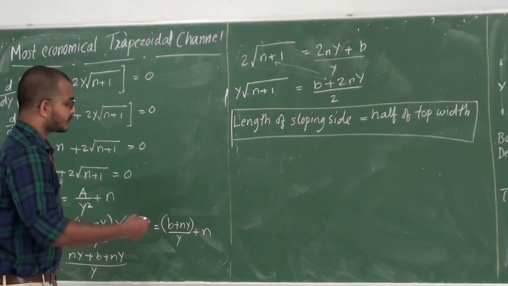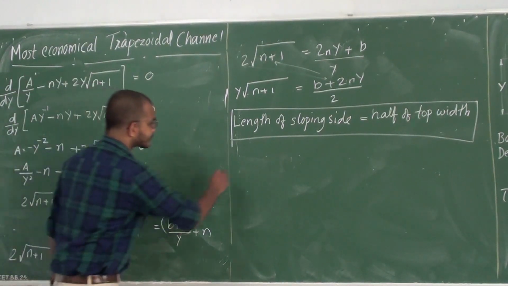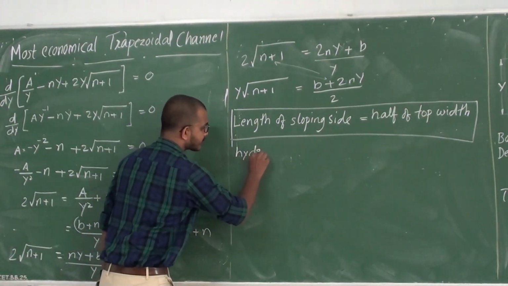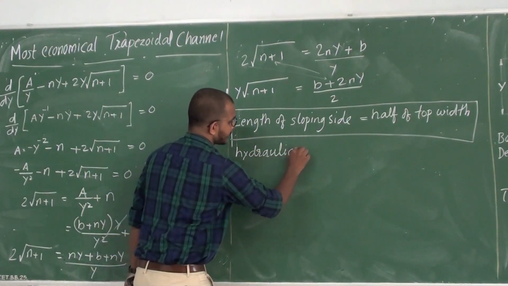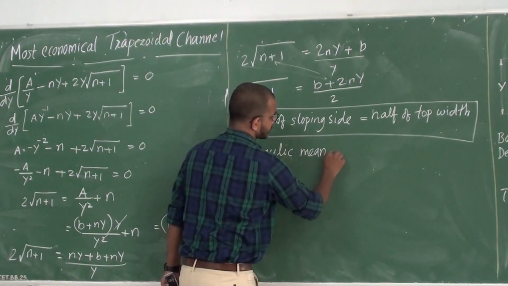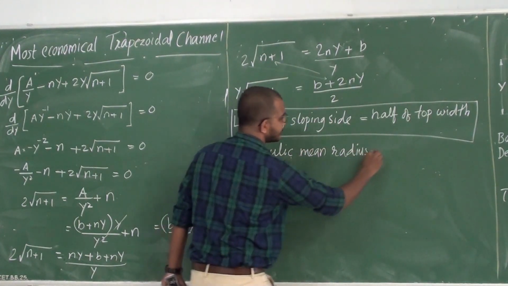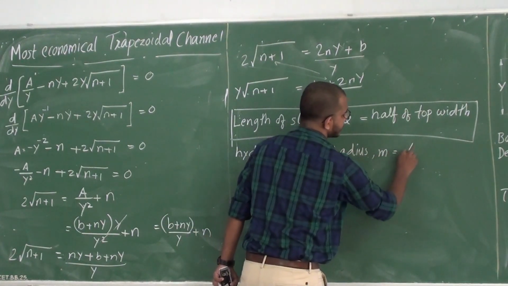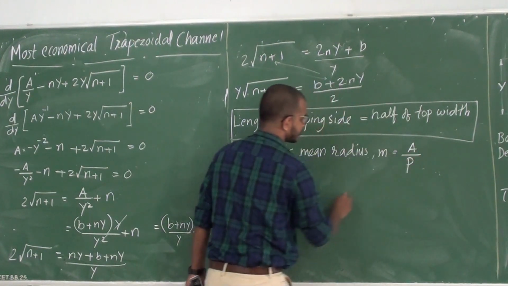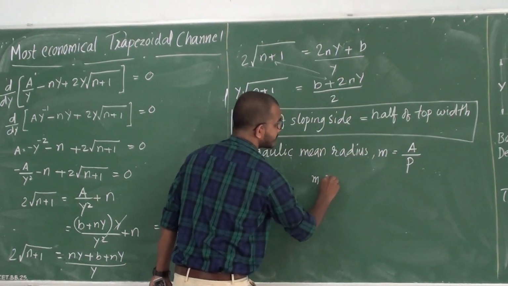Now let us find out the hydraulic mean radius m, which is equal to area by perimeter. What is area?